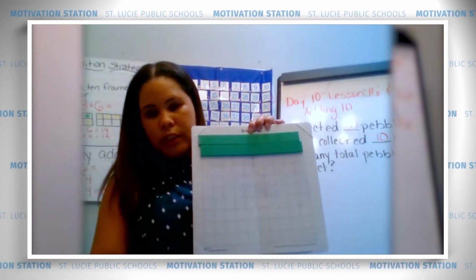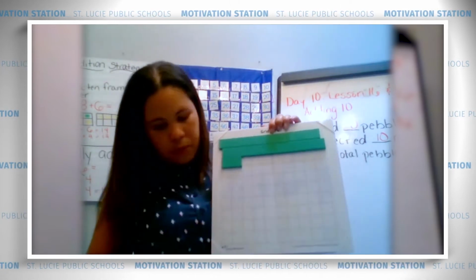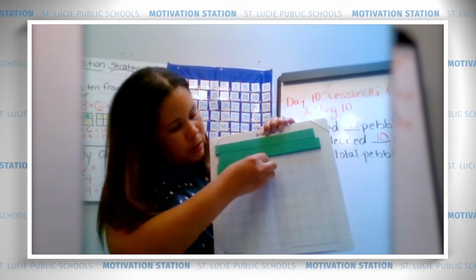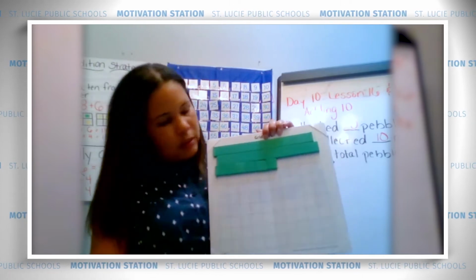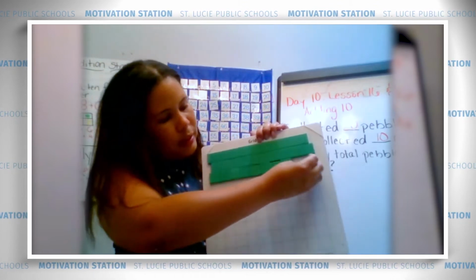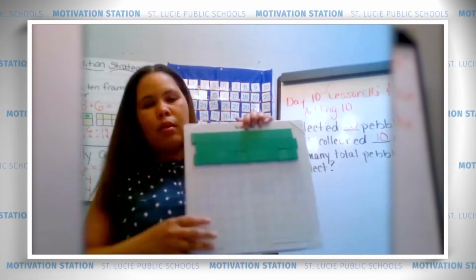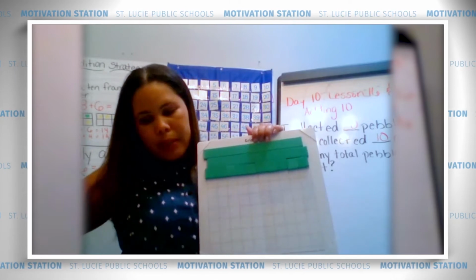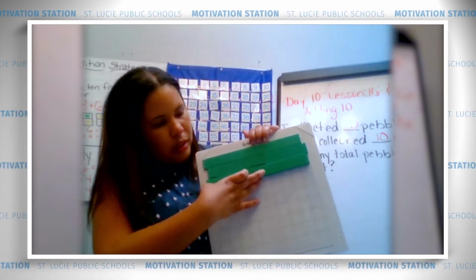I can count out 10 more tiles. 1, 2, 3, 4, 5, 6, 7, 8, 9, 10. But I also know that I could have just put a row of 10 because I only needed 10 more.